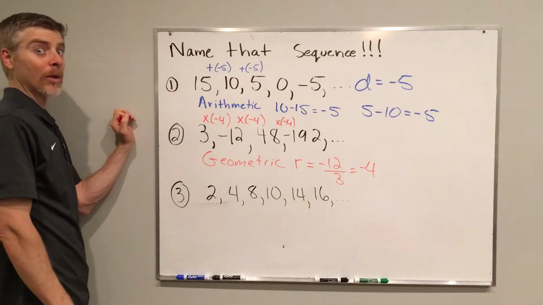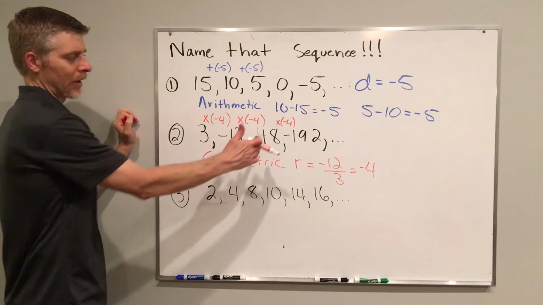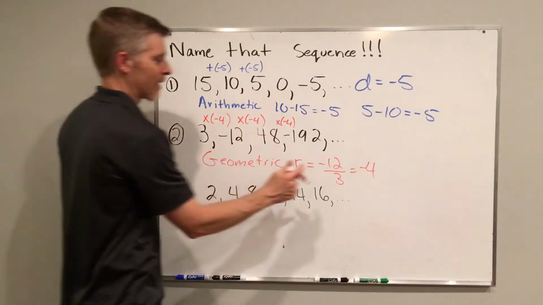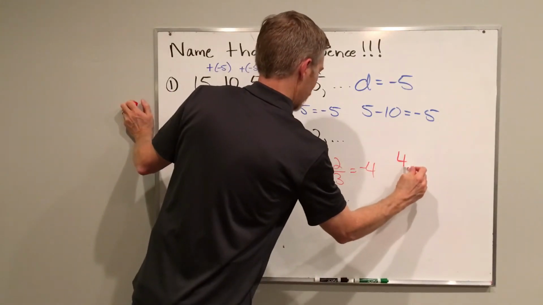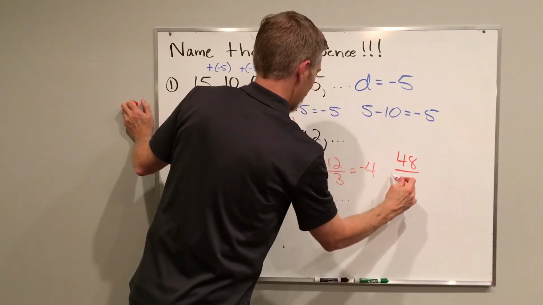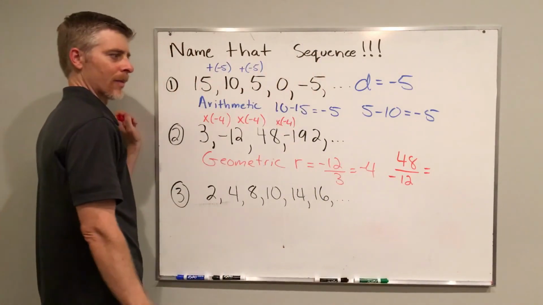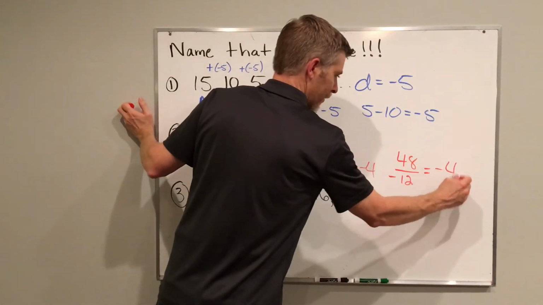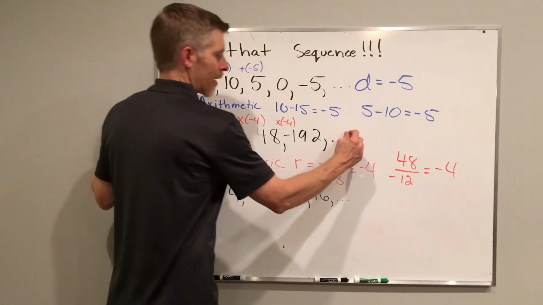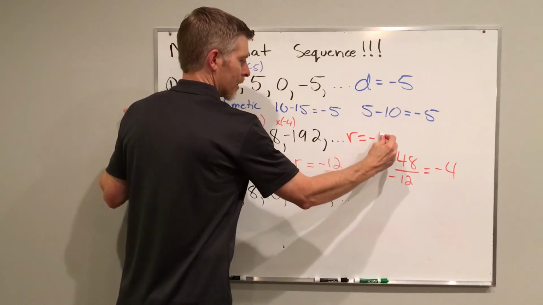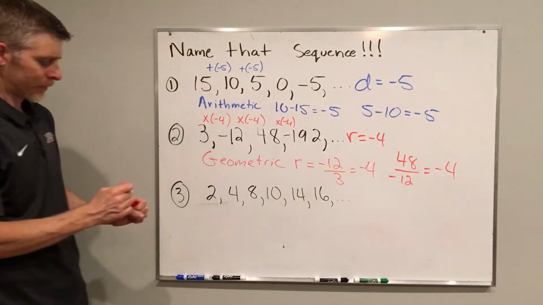Let's just make sure it really is the common ratio. Let's do the third term divided by the second term. 48 divided by negative 12 equals, you guessed it, negative 4. So our common ratio is negative 4.